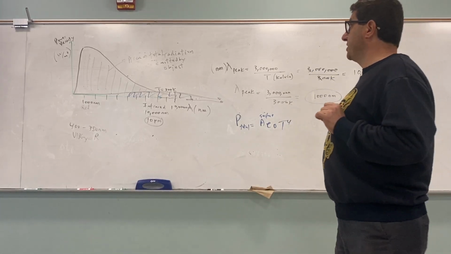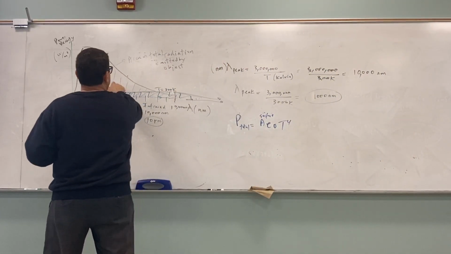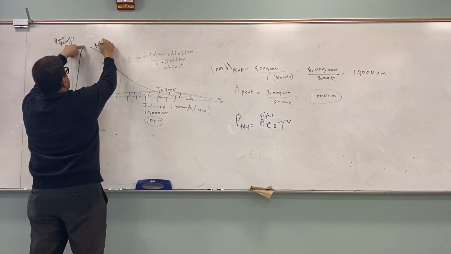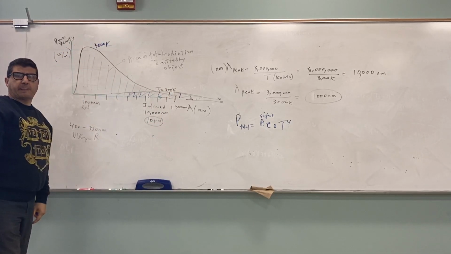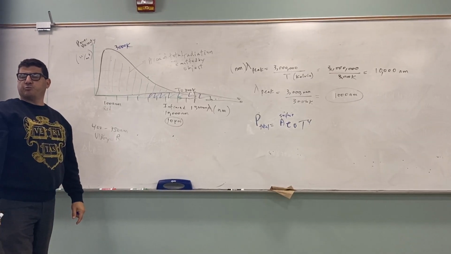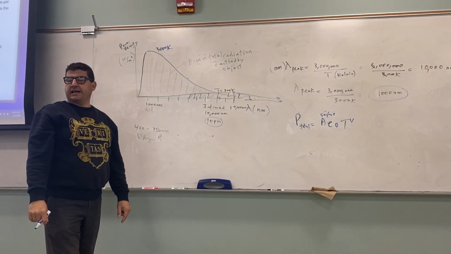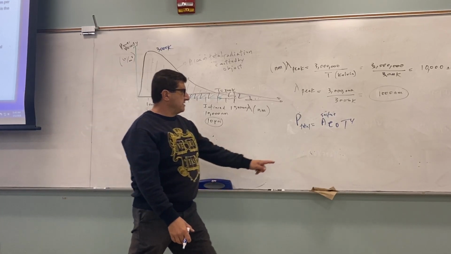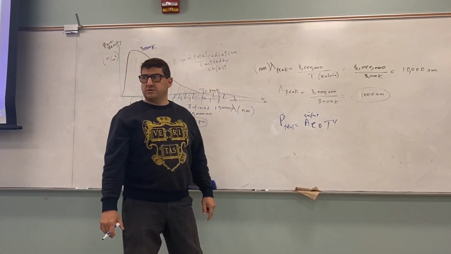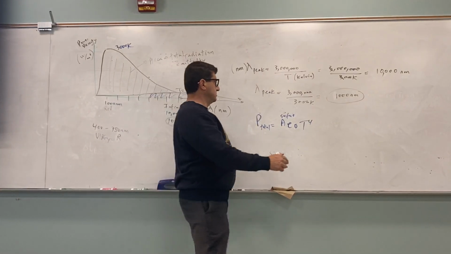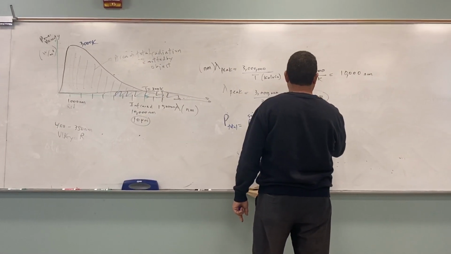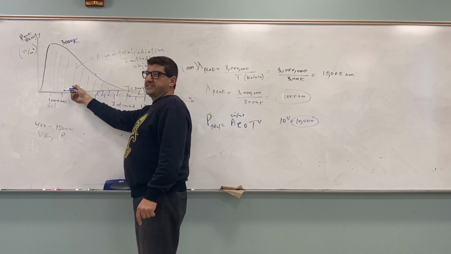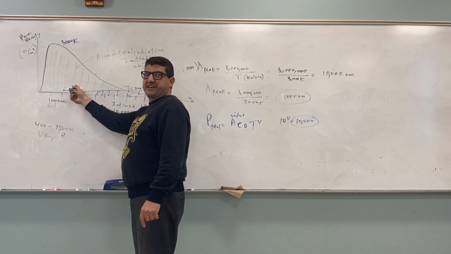So how much more area will this have if the temperature went from 300 Kelvin to 3,000 Kelvin? Well, that's the temperature multiplied by 10. 10 to the power 4 is what? 10,000. That means my picture here is not to scale.